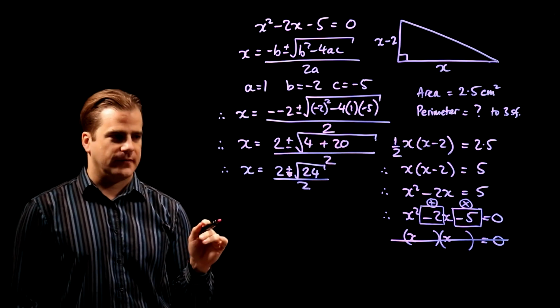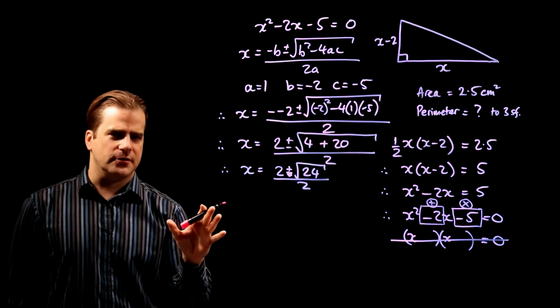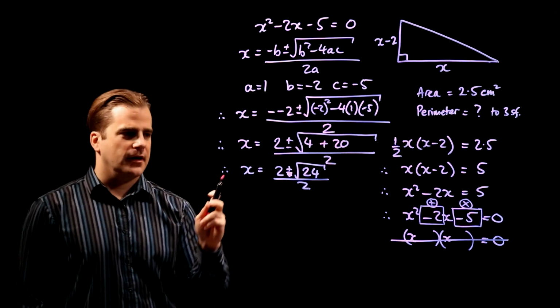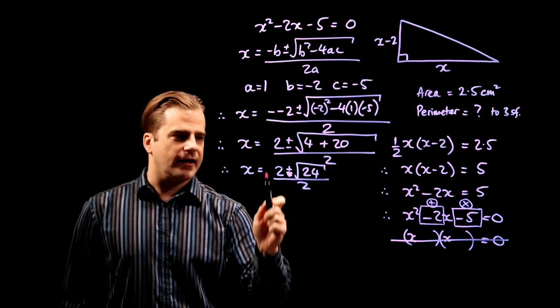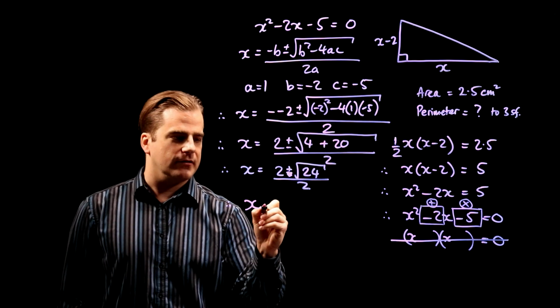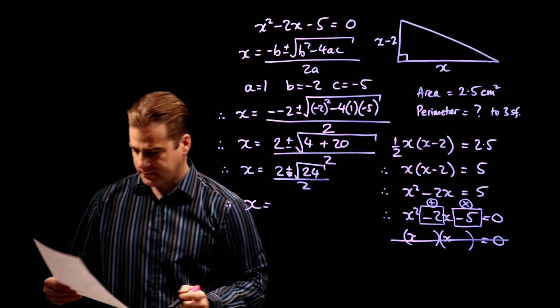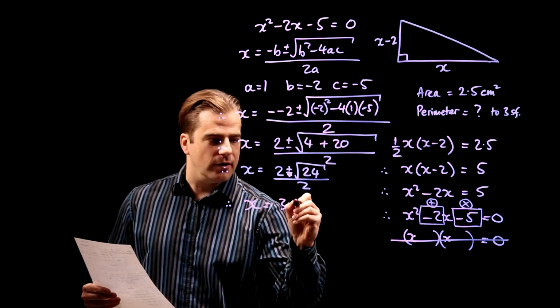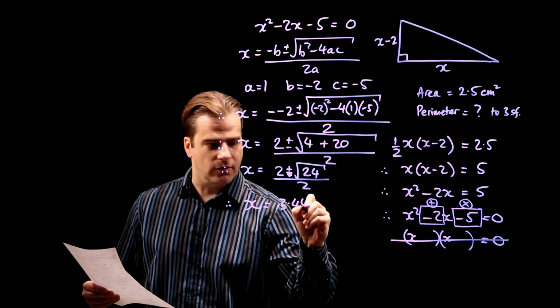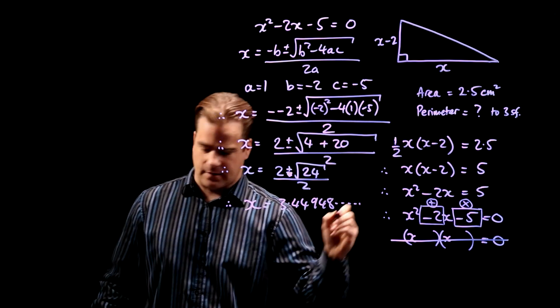Now, this is the step that separates the chumps from the chaps. It's tempting to stick that in your calculator right now and get the value of x, which turns out to be 3.4494 something something something.